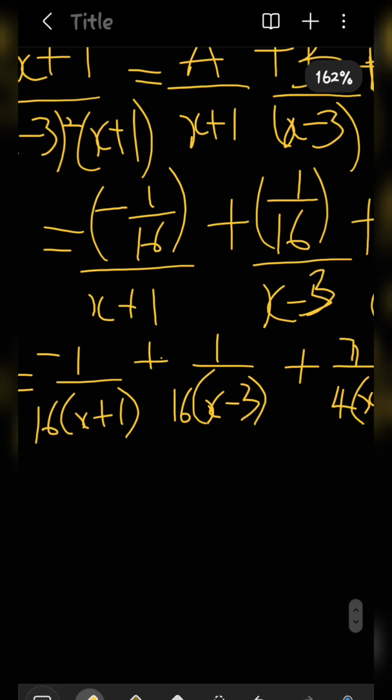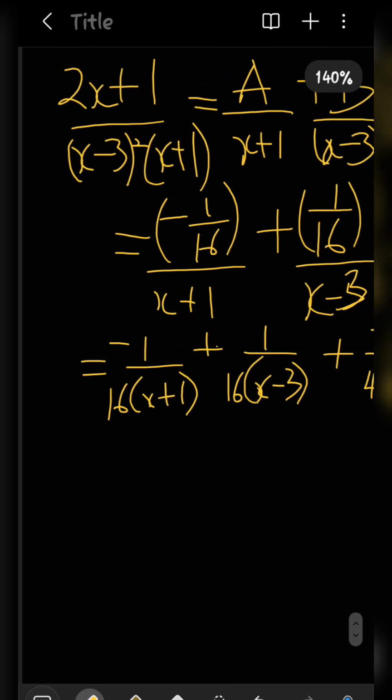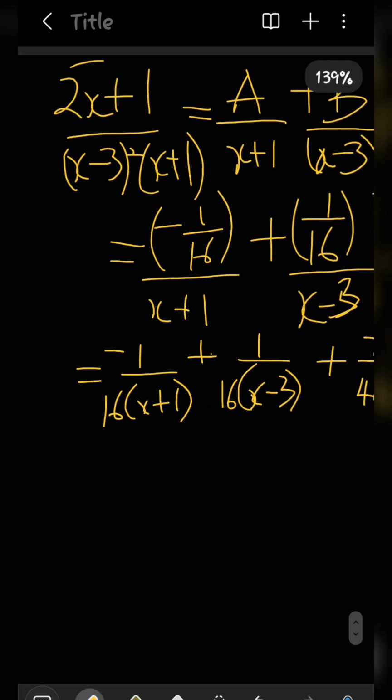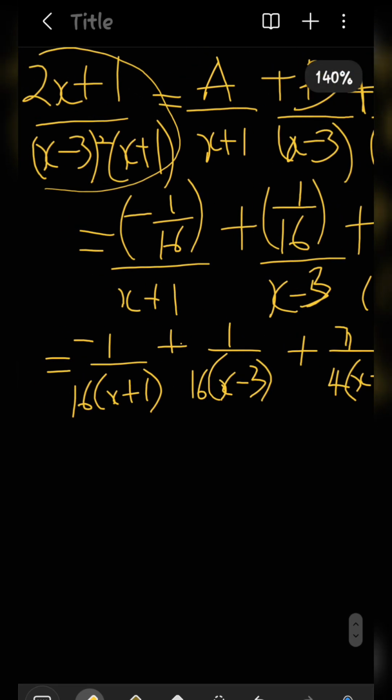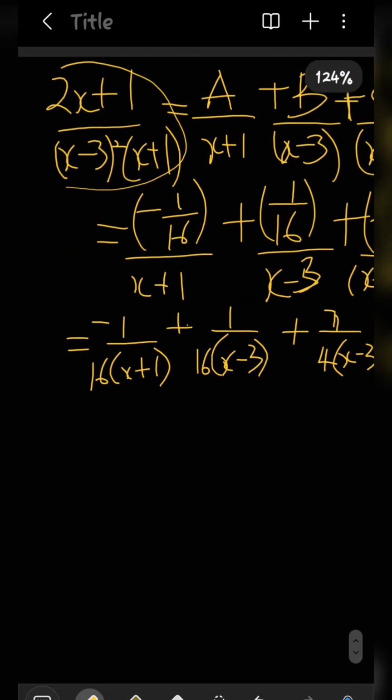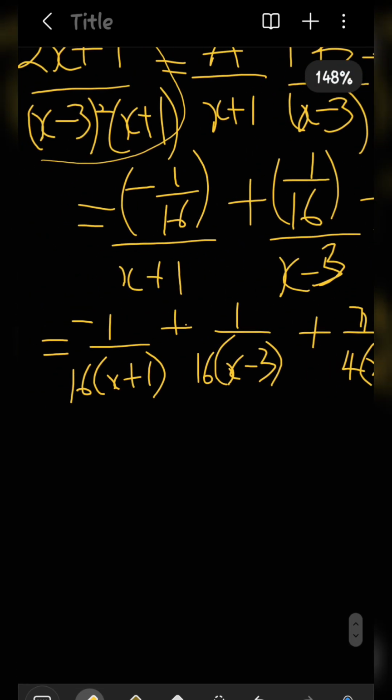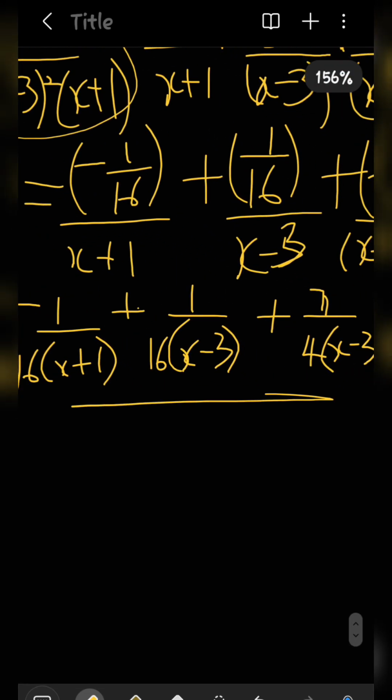So this is our value of the partial fraction of this fraction. So that's the final answer. You can still factorize out 1 over 4 from these fractions. So this is our answer.